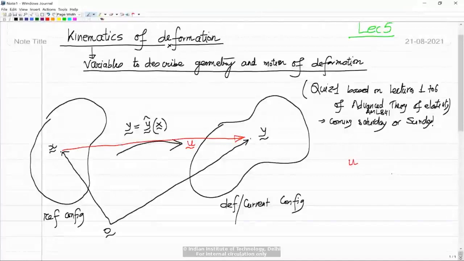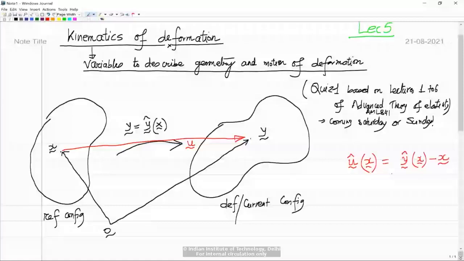And u, the function you had, for example, of x is simply y hat of x minus x, isn't it? I hope there is no question till now. Okay.